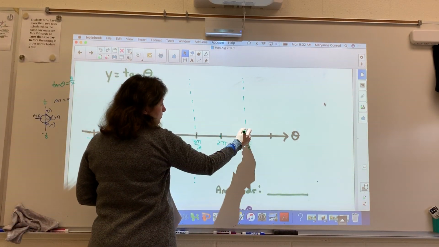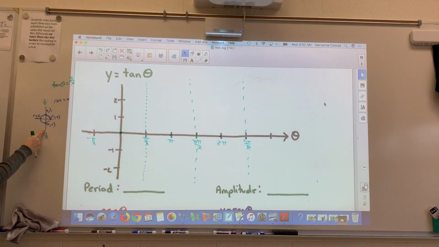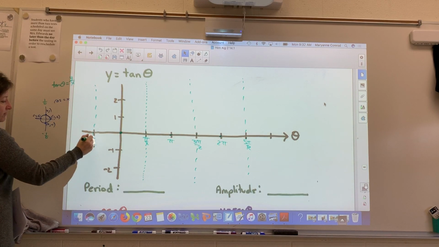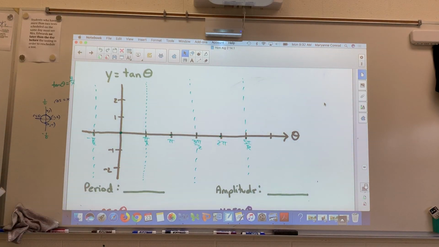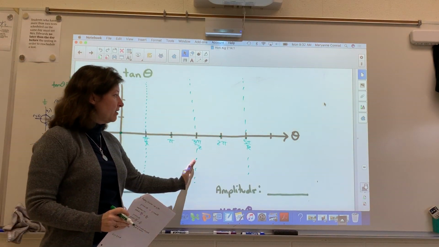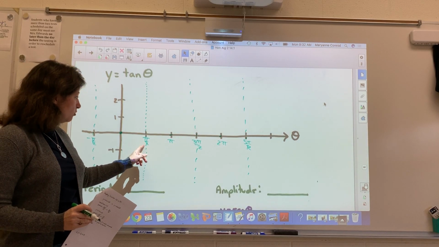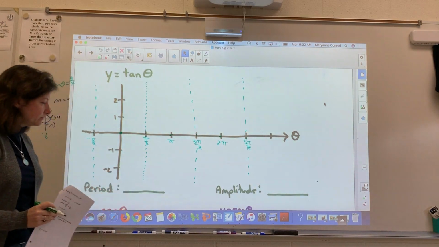At 5 pi over 2, we start repeating ourselves. Negative pi over 2 is the same as 3 pi over 2. So we've got these vertical asymptotes. Notice they repeat. I go from negative pi over 2 to pi over 2 to 3 pi over 2 to 5 pi over 2. They're all odd multiples of pi over 2.